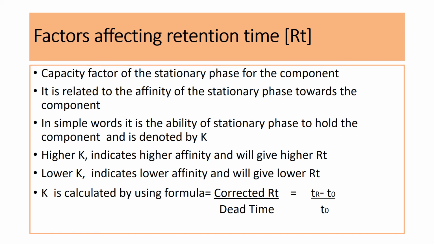In simple words, it is the ability of the stationary phase to hold the component and is denoted by K. A higher value of K indicates higher affinity and will give higher retention time. A lower value of K indicates lower affinity and will give lower retention time. This K, or the capacity factor, is calculated using the formula corrected retention time divided by dead time.